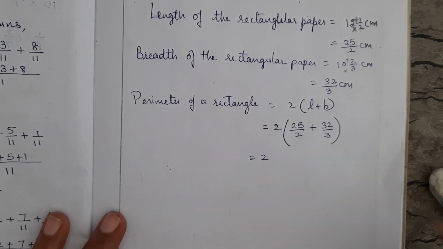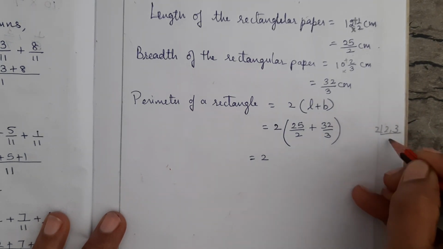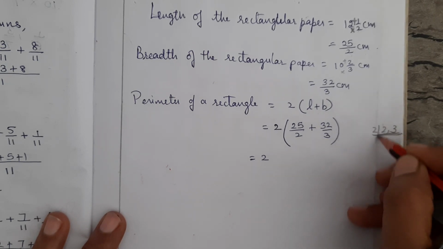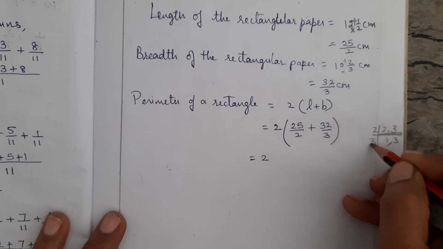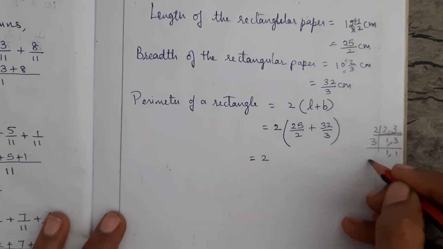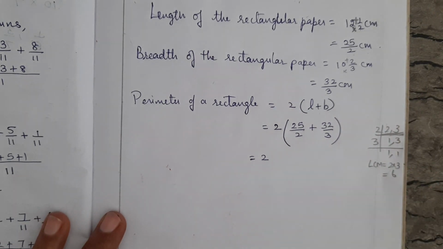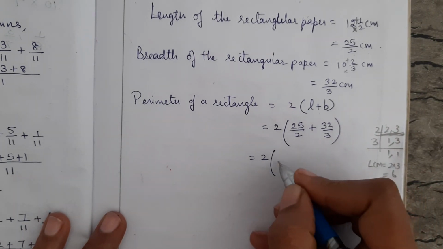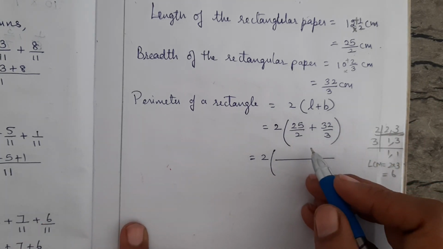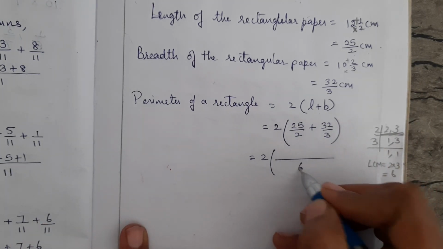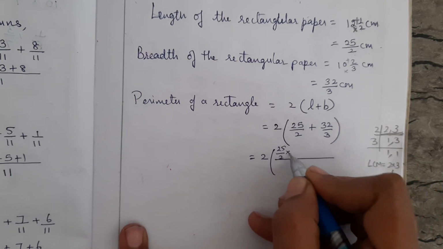LCM of 2 and 3 is 2 into 3, which is equal to 6. Let's finish the simplification inside the bracket first.